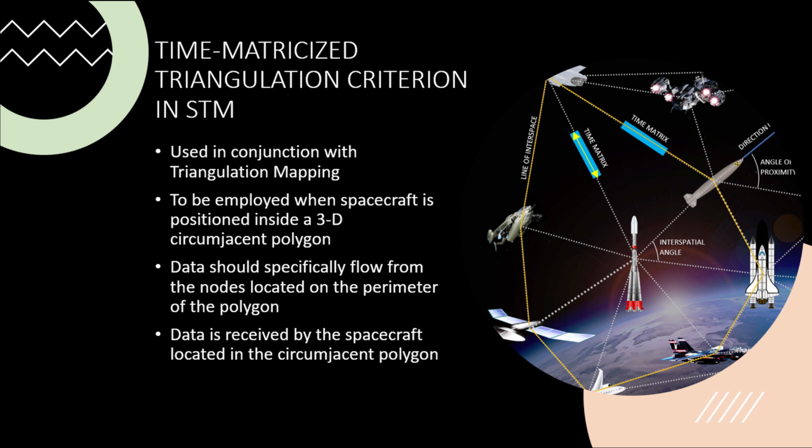There is a spacecraft and it is located inside a circumjacent polygon. Data should flow from the nodes located on the perimeter of the polygon and is to be received by the spacecraft located inside the circumjacent polygon. So this is the time-matricized triangulation criteria in STM. So let's move ahead.